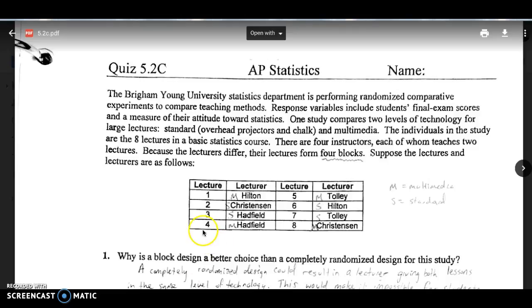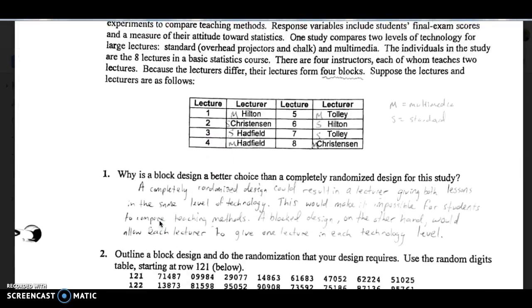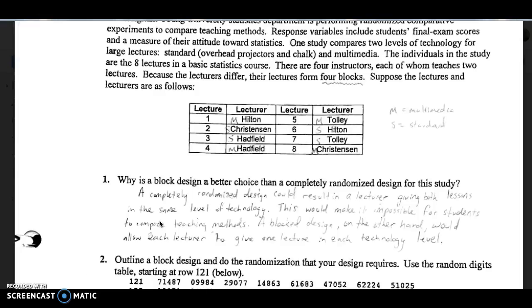So the first question that we're looking at here asks us, why is a block design a better choice than a completely randomized design for this study? So the thing that should stick out to you right away is if we completely randomize which lectures are assigned to which lecture style based off the chart they've given us, then it's entirely possible that one teacher could teach 2 lessons of the same style.